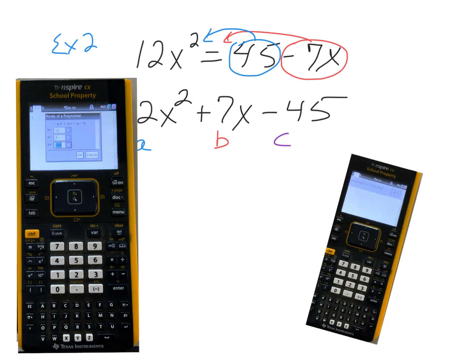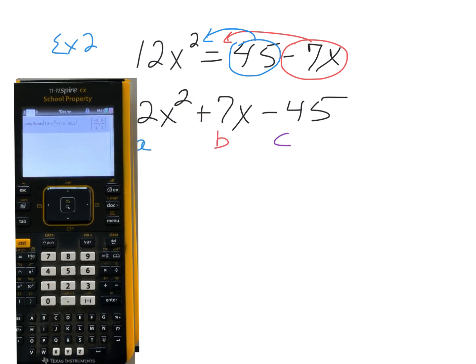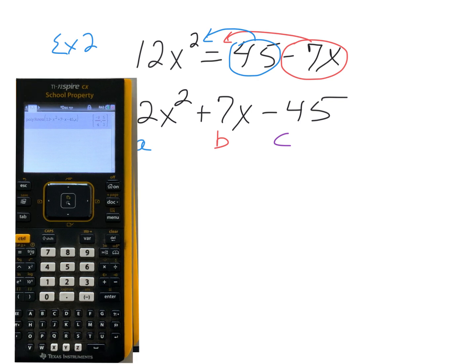And then once you hit enter a few times, the calculator will finally show you the answer, and you can see the answer here is -9/4 and 5/3. So -9/4 was one of our answers, and 5/3 was the other one. Now this is not an ordered pair, okay? This is just showing you the two different answers.